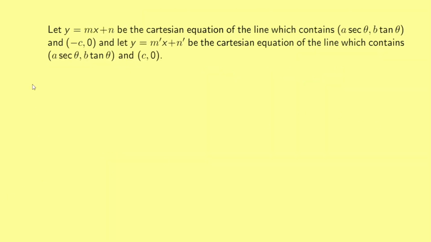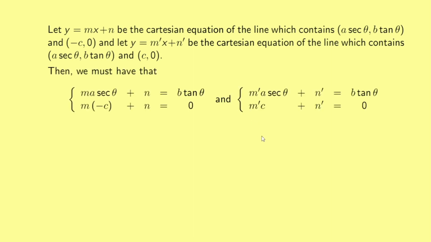So I'm going to call the first line, I'm going to suppose it has the equation mx plus n, and the other line has the equation m prime x plus n prime. As I mentioned, our goal here is not to find the equations of the lines. I'm just interested in finding m and m prime, so just the slopes.